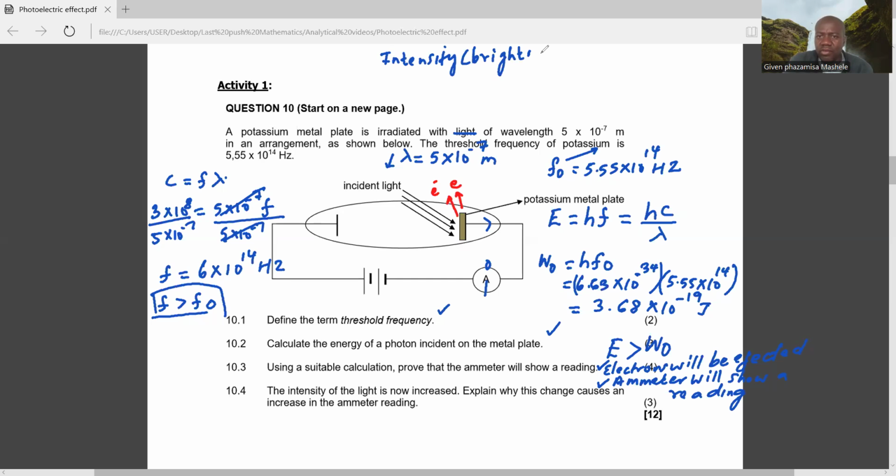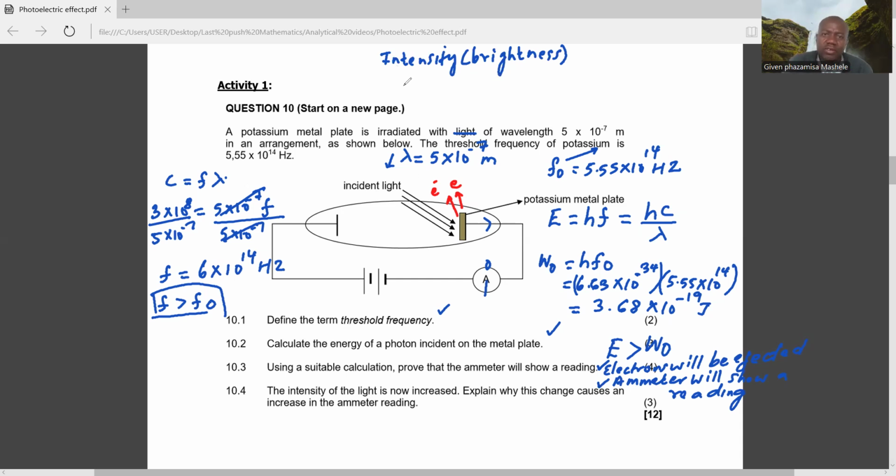Since here we are just increasing the intensity of light, intensity affects the amount of current that will be read from the ammeter. So the question says the intensity of light is now increased. Explain why this change will cause an increase in the ammeter reading.